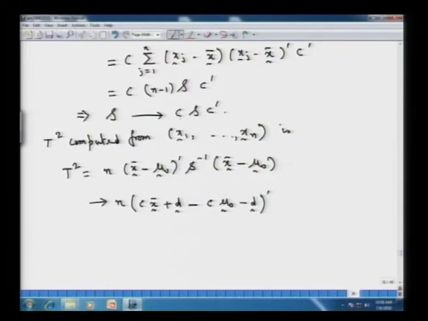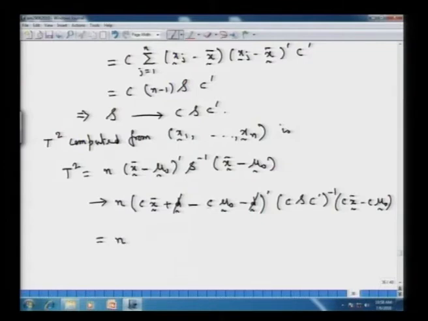Now, S goes to C S C transpose, so here we have C S C transpose whole inverse, multiplied by the transpose of this particular quantity. What would remain, with d cancelling out, is C x bar minus C mu naught on this side.